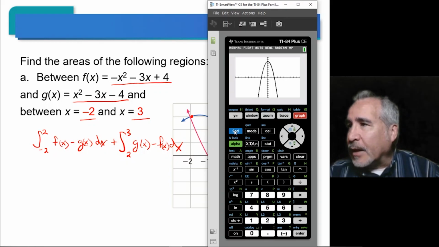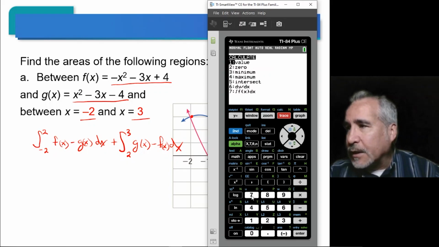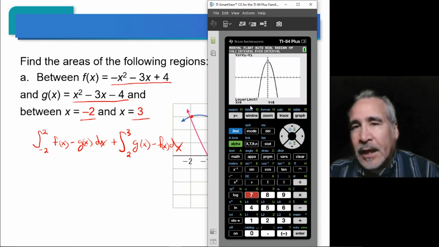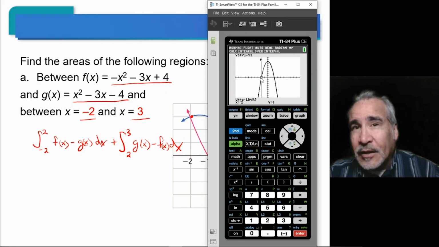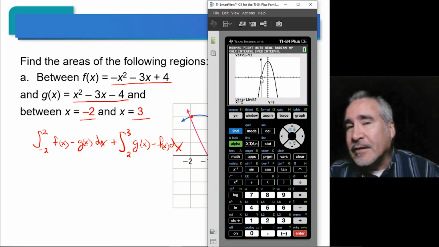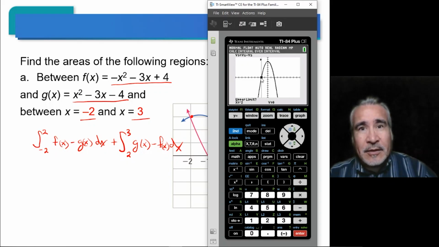And watch what happens. I'm going to go second calc, use my integration tool, 7. My lower limit is -2. And watch that, that's right there. It's actually one of the x-intercepts now, because when we subtracted them, that's the place where they intersect. They equal 0, right?